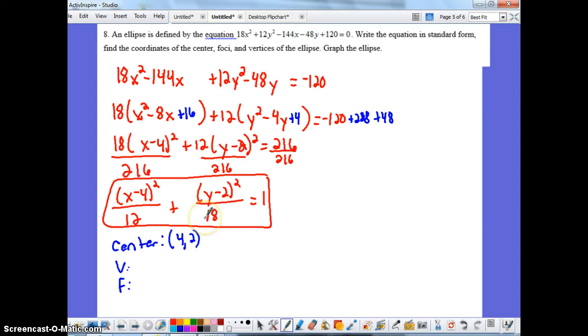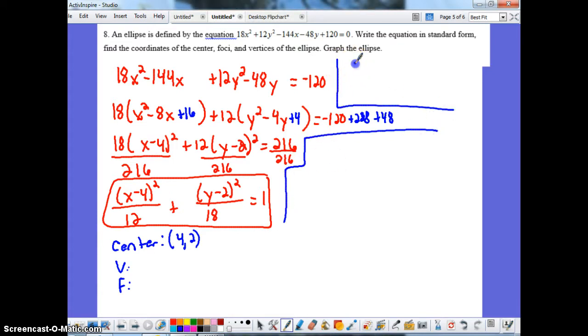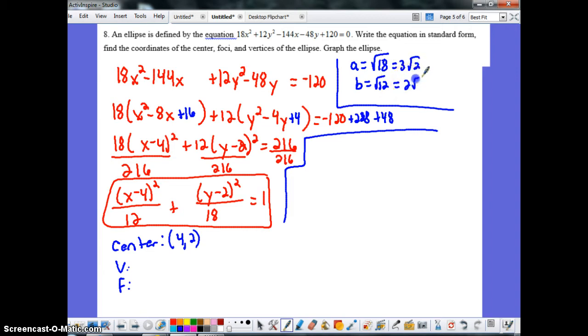So when I look at this, that's going to be the square root of 18 there. So A is equal to the square root of 18. B is going to be equal to the square root of 12. Now I can reduce those. The square root of 18 is going to be 3 root 2. Square root of 12 is going to be 2 root 3.